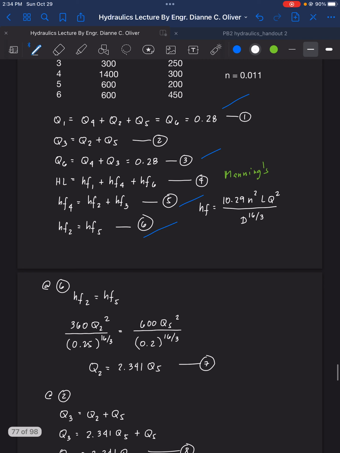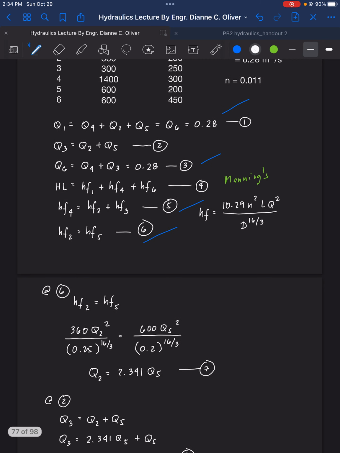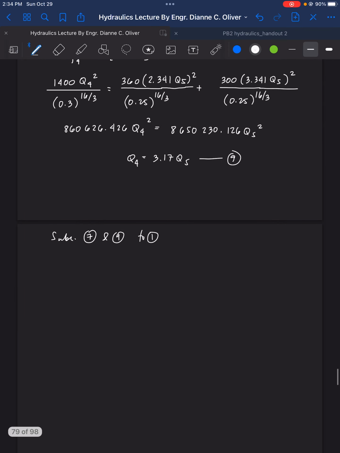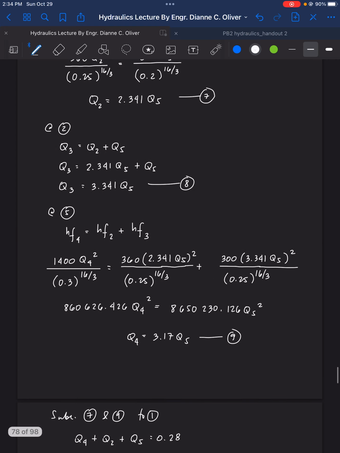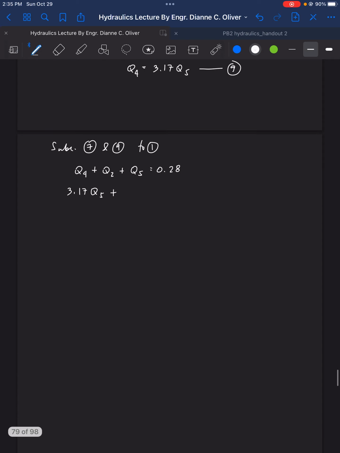Equation 1 here is Q4 plus Q2 plus Q5 is equal to 0.28. Q4 is 3.17 Q5 plus Q2 is 2.341 Q5 plus Q5 equals 0.28.